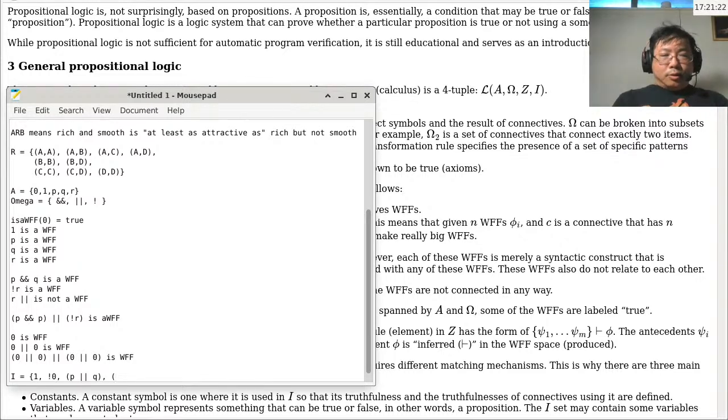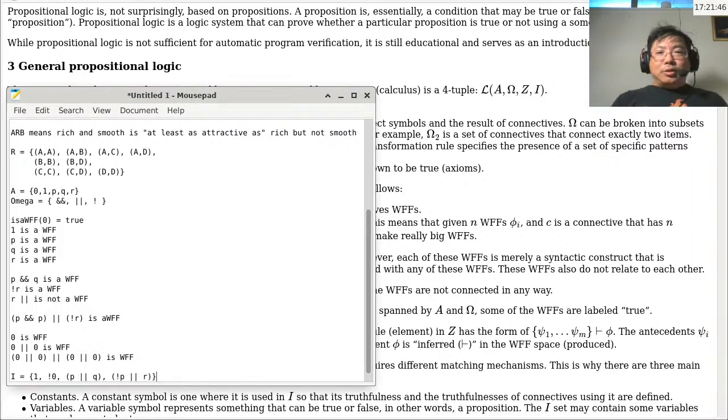And I'm also going to throw in some random stuff here: NOT P OR R is also known to be true. That's iota. So iota is basically giving you the well-formed formulae that are known to be true.